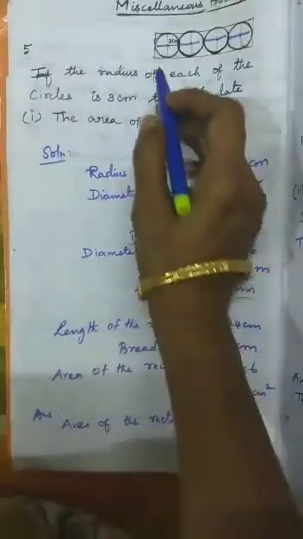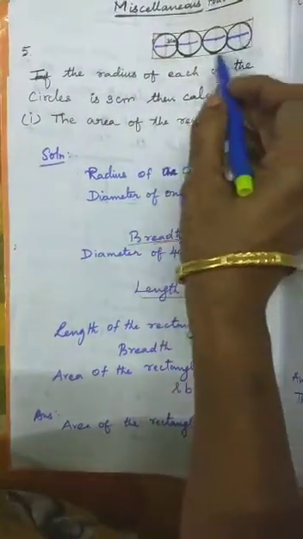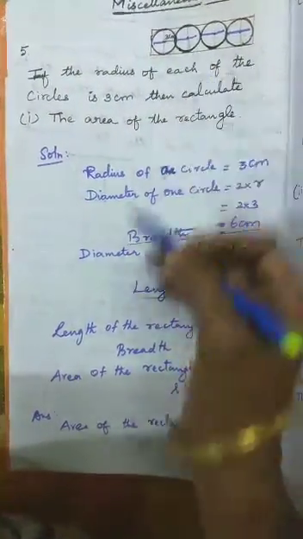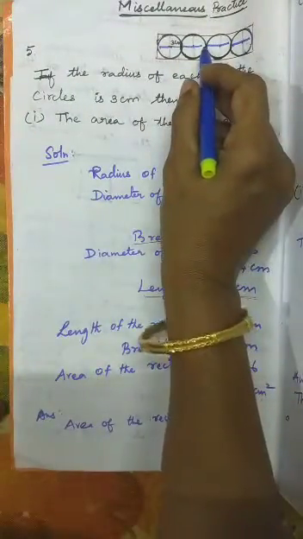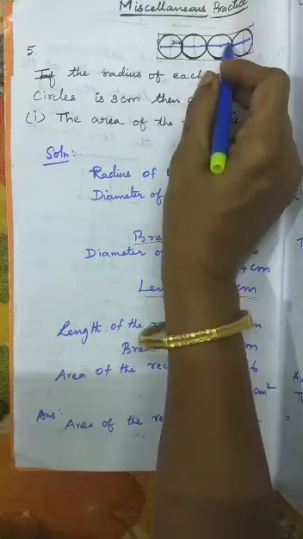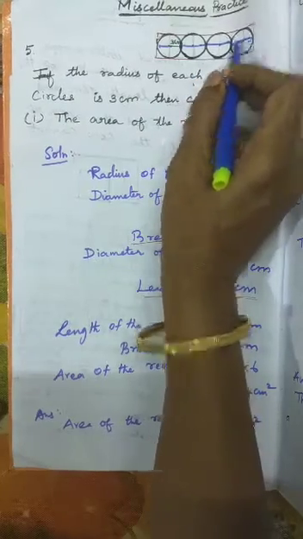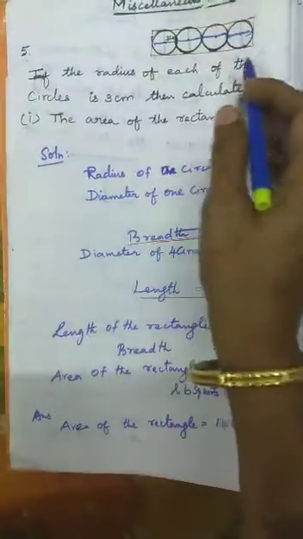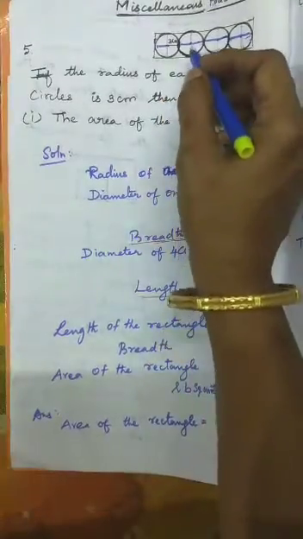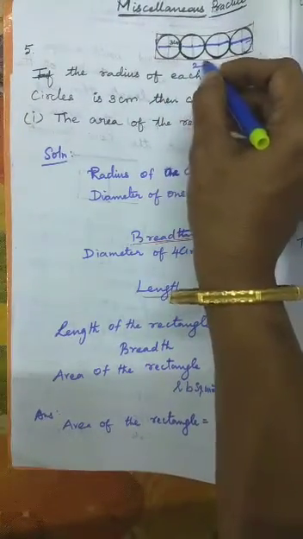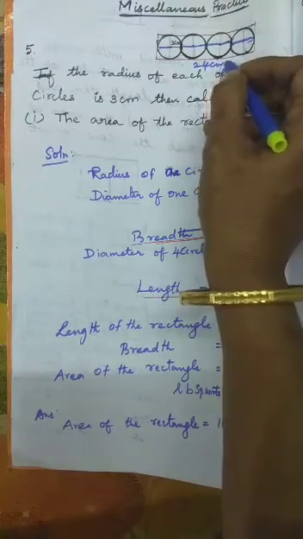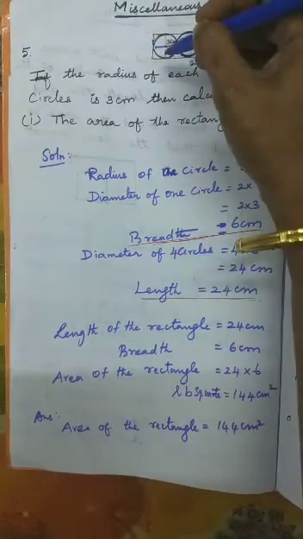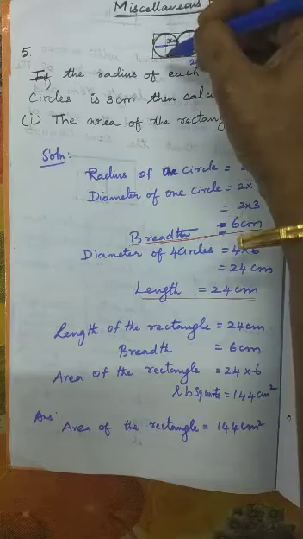This is the length of the rectangle. 4 sixes is the length of the rectangle. 4 sixes are 24 centimeter.